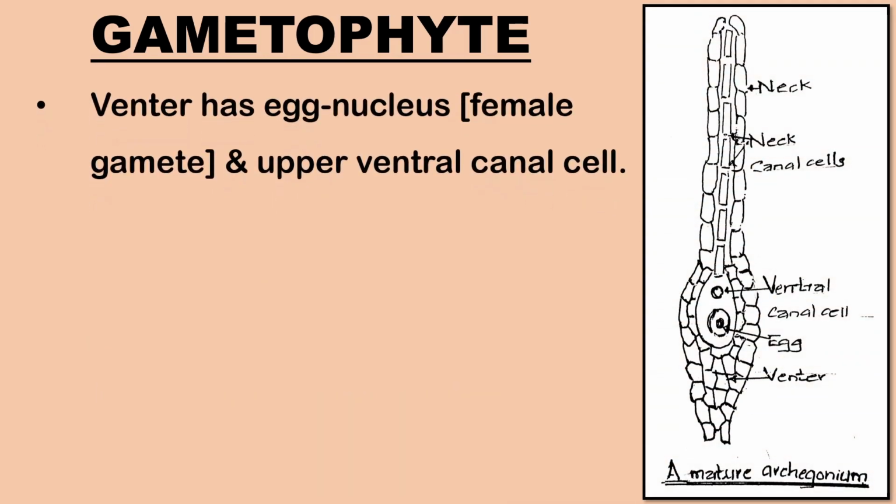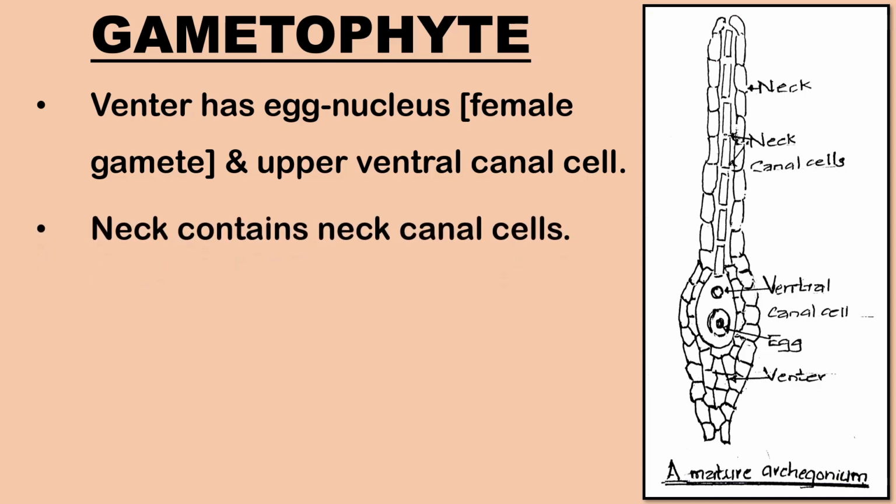The venter can be divided into two parts: a large egg cell with a distinct egg nucleus or female gamete in it, and an upper ventral canal cell. The long neck contains few neck canal cells.